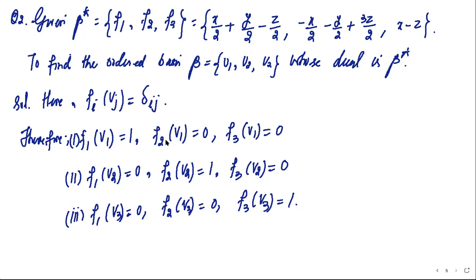Now from these three equations, we will evaluate v1 from the first, v2 from the second, and v3 from the third. So now we will do them one by one.